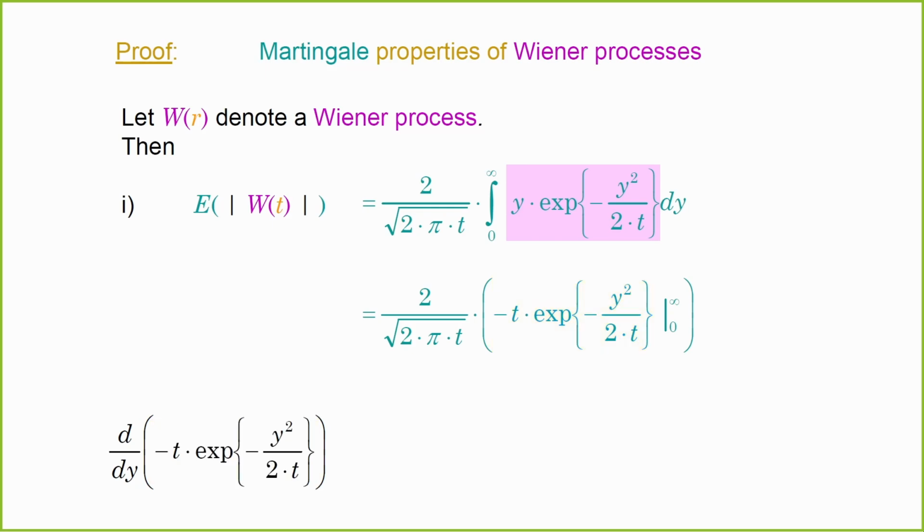Okay, so I'm going to just simply copy that. Now, here you have minus t, which is a constant, because you're differentiating with respect to y now. So this means the constant times a function is going to become the constant times the derivative of a function. So negative t times the derivative of e to the power of minus y squared by 2 times t is going to be obtained by the chain rule.